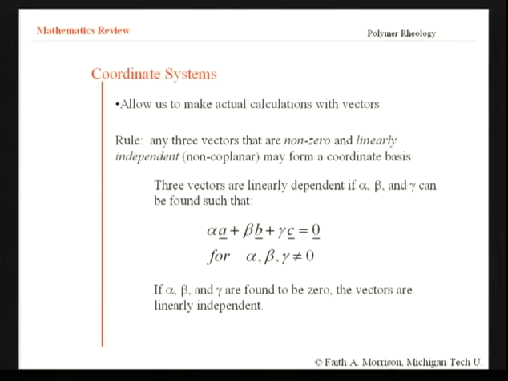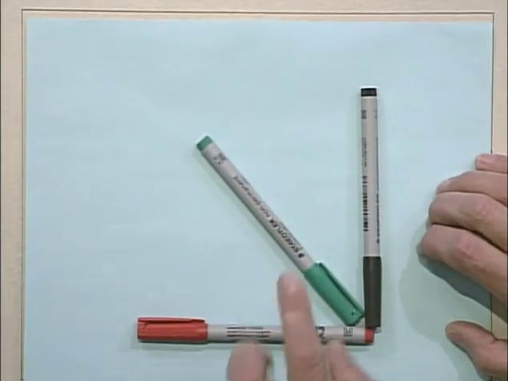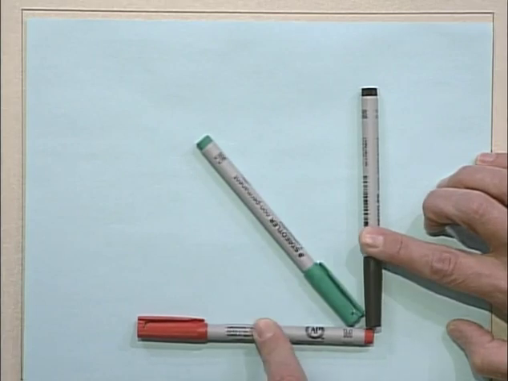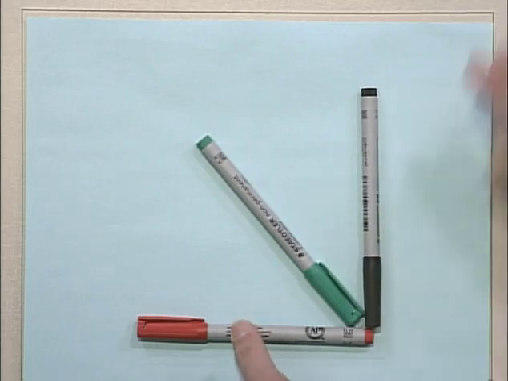If I put the black one and the red one at right angles, then I can get the green one by adding this one and this one together and then normalizing the result. So let's say this is in the x, the i unit vector.